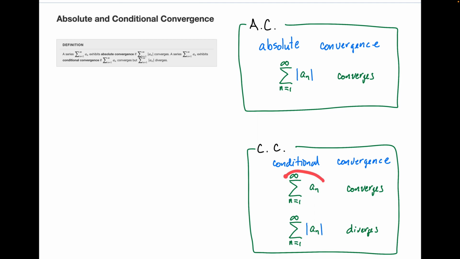So a series which is conditionally convergent relies on somehow terms canceling out. This leads to a grading of convergence, that we have strong convergence in an AC, and we have a weaker type of convergence in a series which is CC.